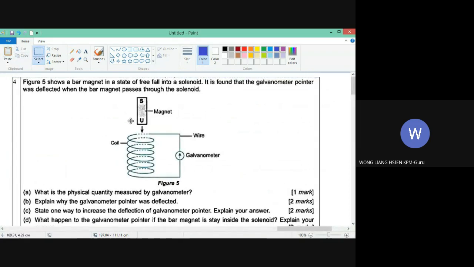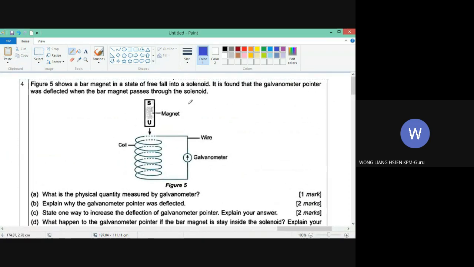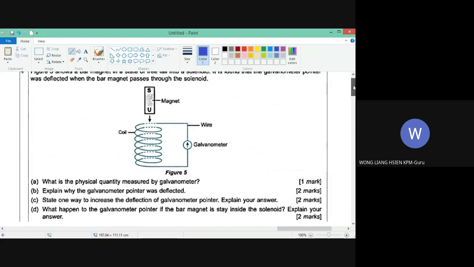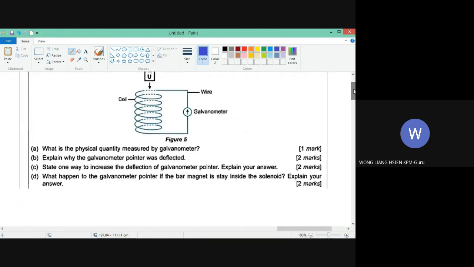Figure 5 shows a bar magnet in the state of free fall into a solenoid. It is found that the galvanometer pointer was deflected when the bar magnet passes through the solenoid. So what is the physical quantity measured by the galvanometer?